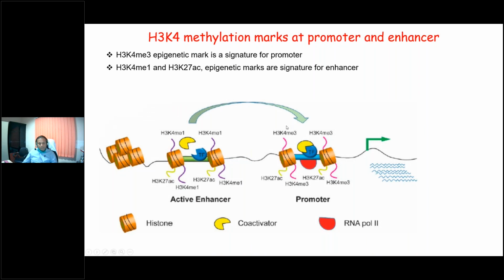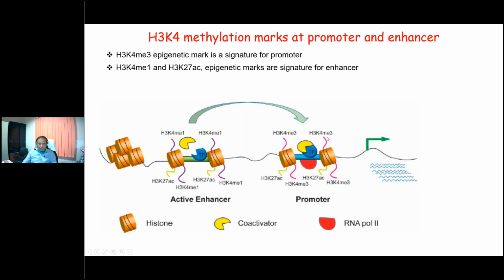So in this slide, I just wanted to highlight that if you want to distinguish the promoter region from the enhancer region, then you can measure these kinds of histone marks.